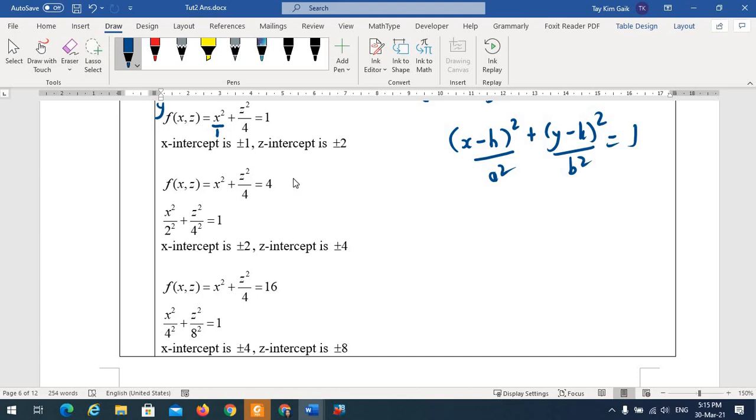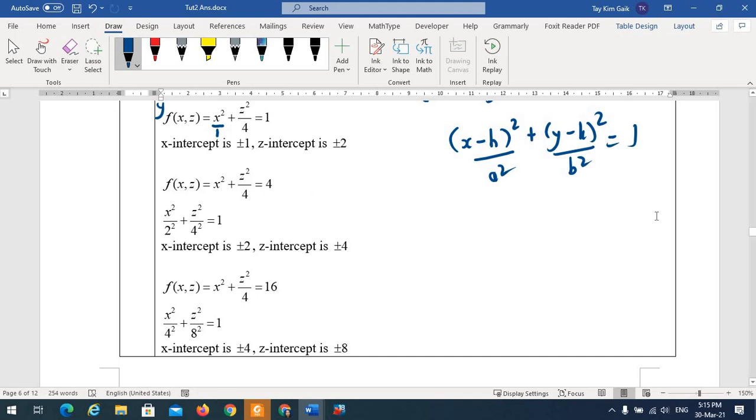So from here you can know the x-intercept is positive, negative 2. And then this one is already divided by 4, divide by 4 again, so divide by 16, or 4 squared. So the z-intercept is positive, negative 4.